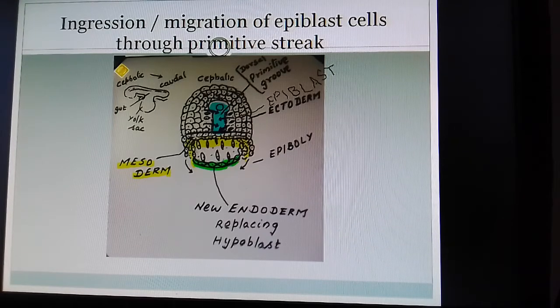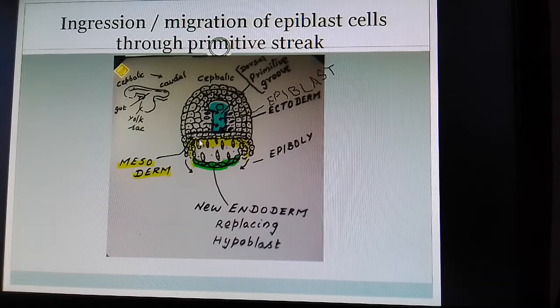So the inward migration of the epiblast cells through the primitive groove is called ingression. And then the primitive groove, when it disappears, that process may be called regression.